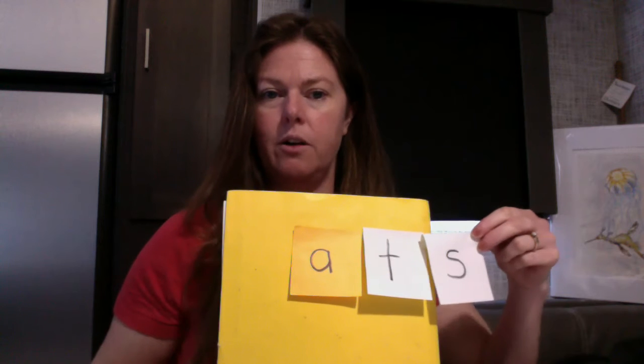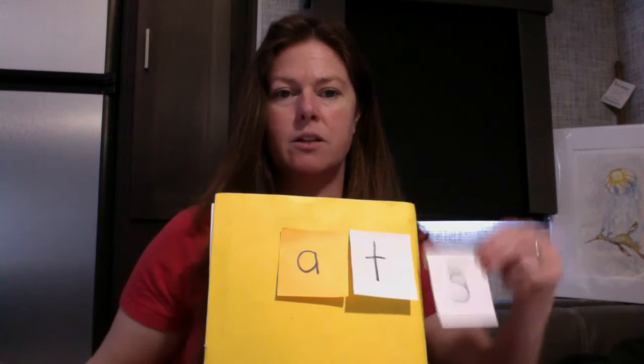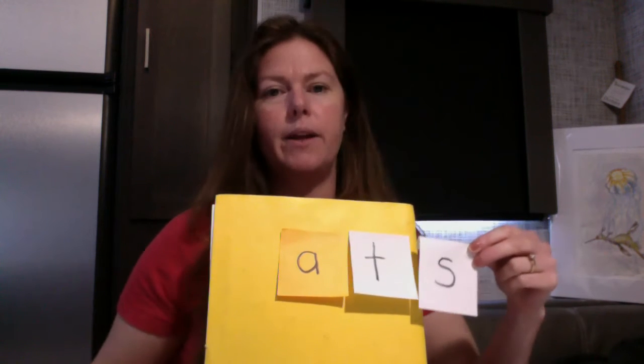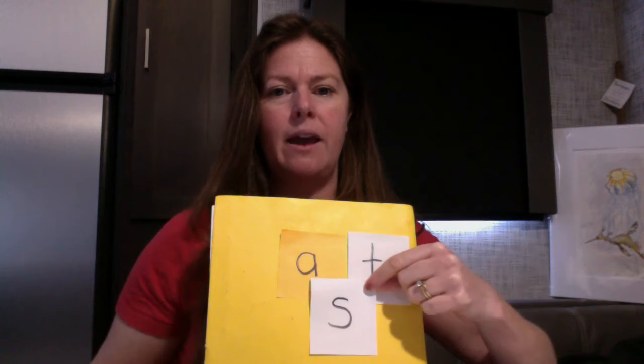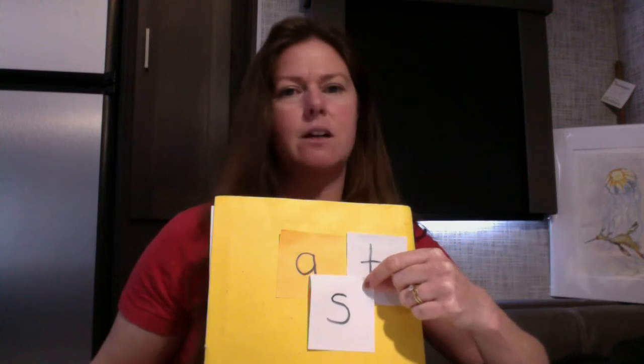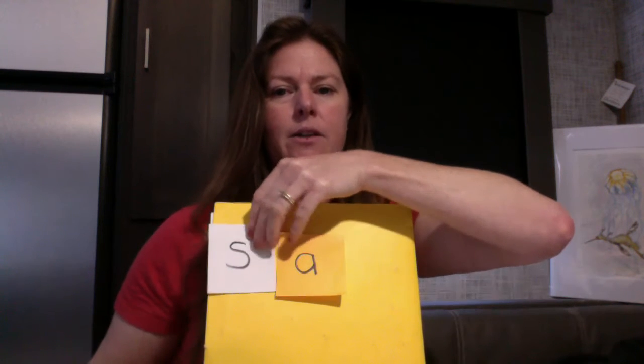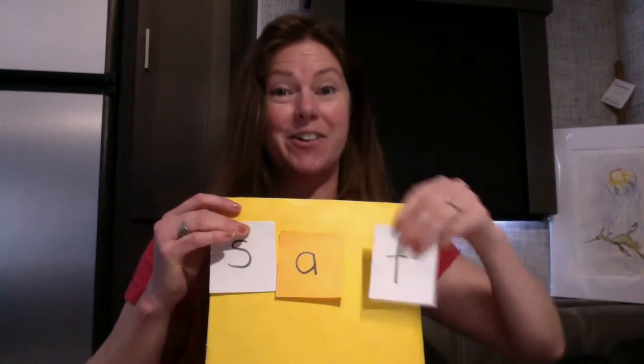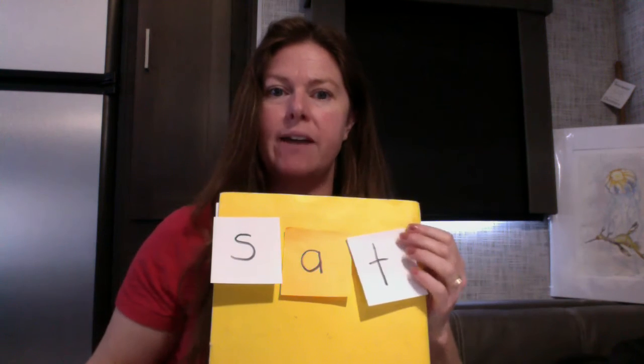Does it go here? At. That's not right. Does it go in the middle? Ast. That's not right. Does it go at the beginning? Sat. And there goes the T again.